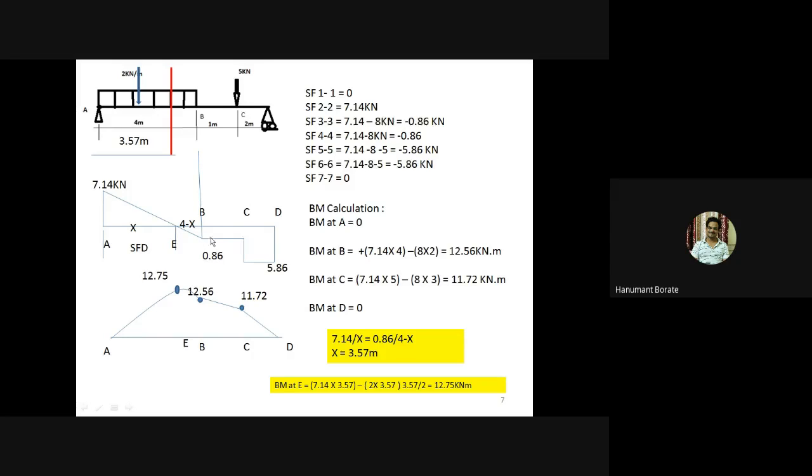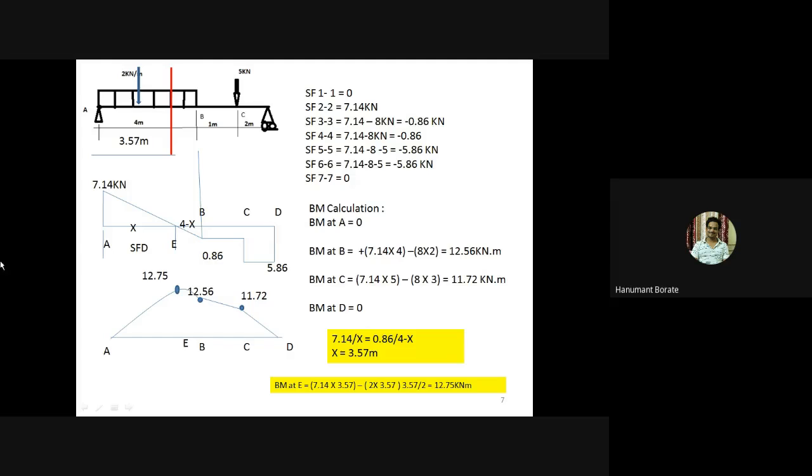So here we have drawn a horizontal line, but just right of C we got the value minus 5.86. So I have drawn a vertical line here, and just left of D again I got the value minus 5.86. So I have drawn a horizontal line, and finally 0. So I have connected this minus 5.86 to the 0.